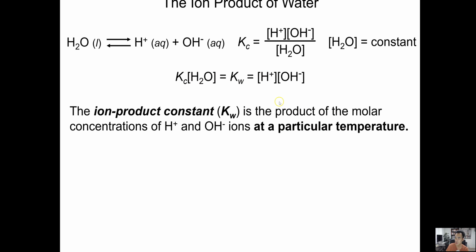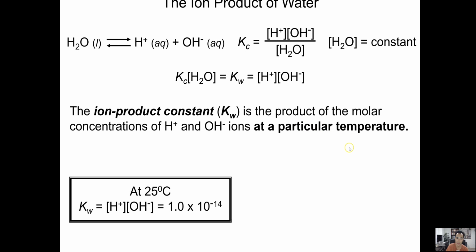Okay, now this is actually a very, very common one. That's the reason why we get the pH scale from 1 all the way to 14 on the logarithmic scale, because this tells you what that concentration is going to be at a specific temperature. In this specific case, it's going to be at 25 degrees Celsius. Obviously that will change if the temperature rises or drops. So always keep in mind that it's at 25.